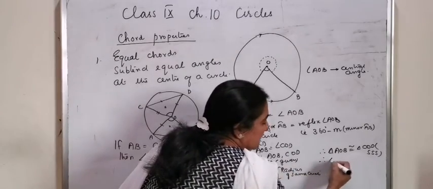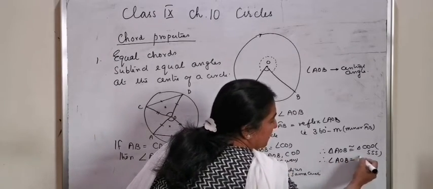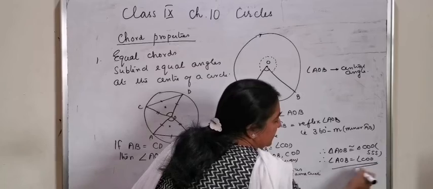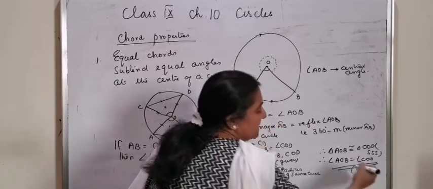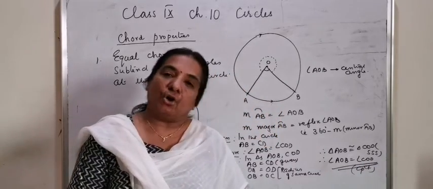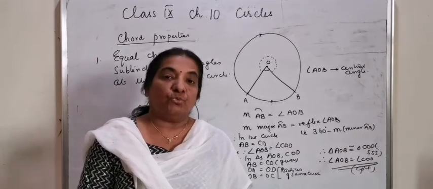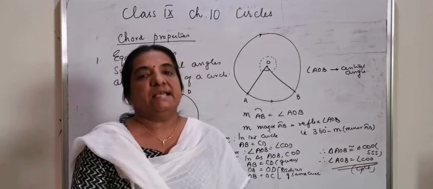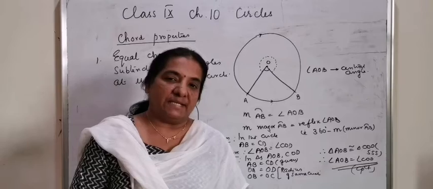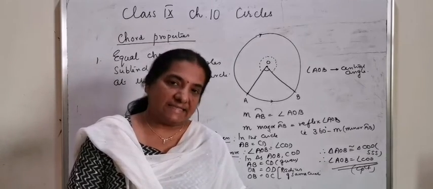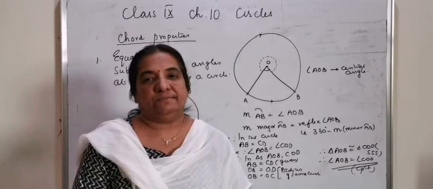Therefore, the corresponding parts, angle AOB and angle COD, are equal as corresponding parts of congruent triangles. So the first property is: equal chords subtend equal angles at the center of the circle.